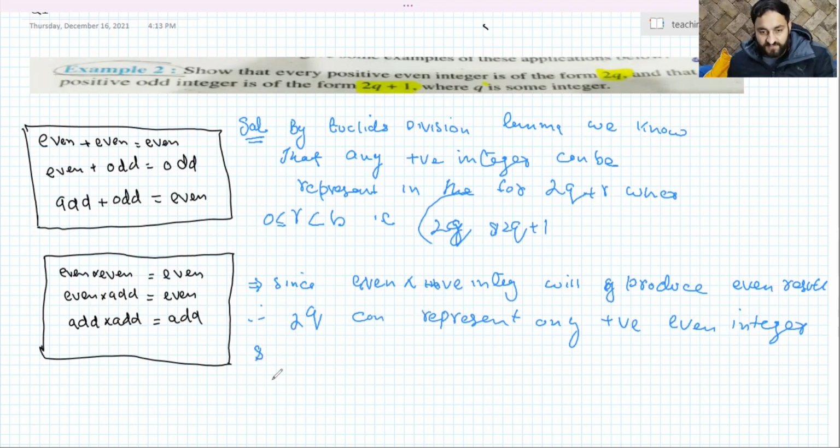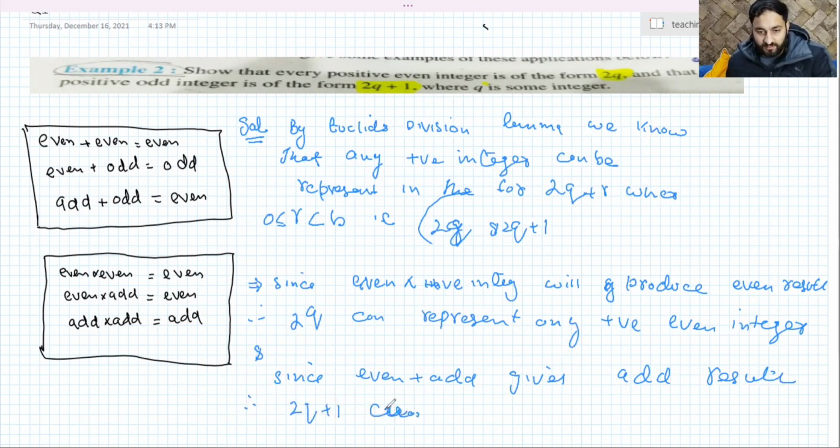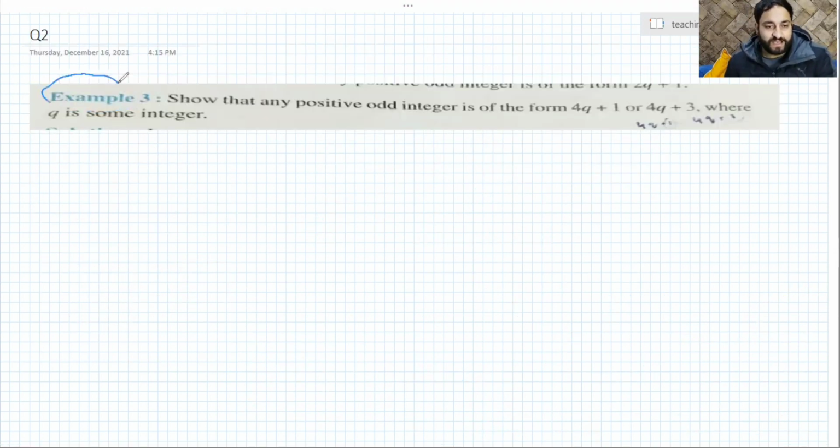And since even plus odd gives odd results, therefore 2q plus 1 can represent any positive odd integer. Is that clear? Now let's do example 3.